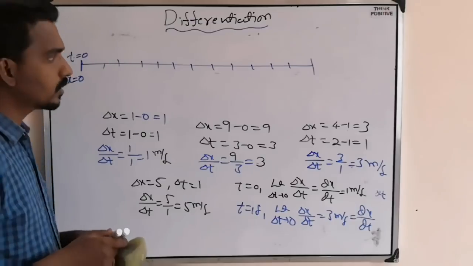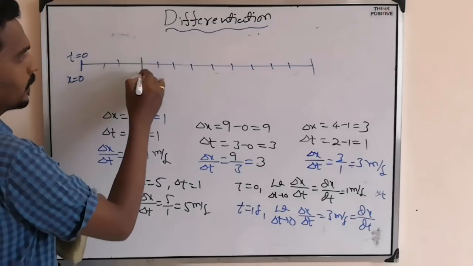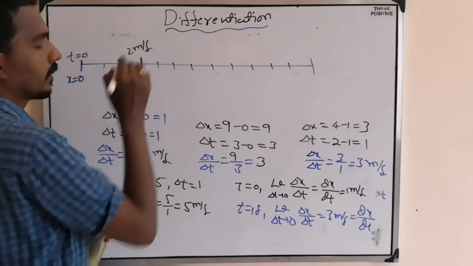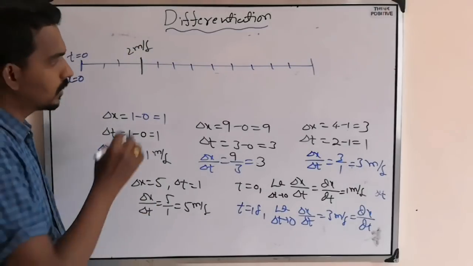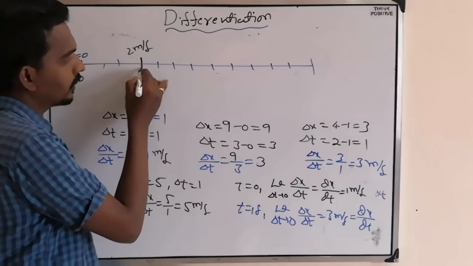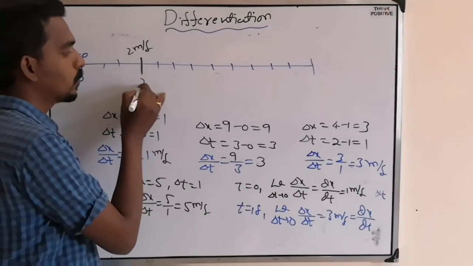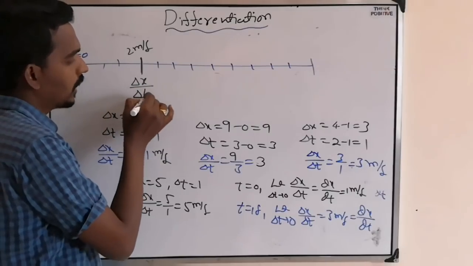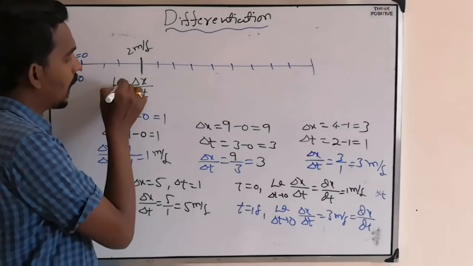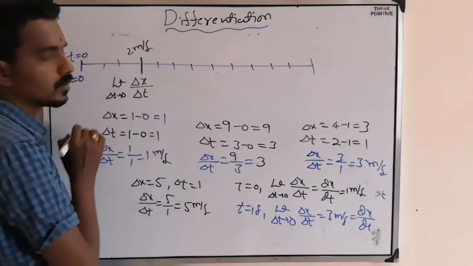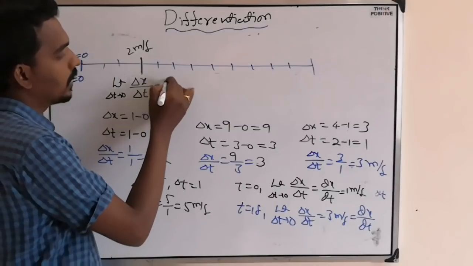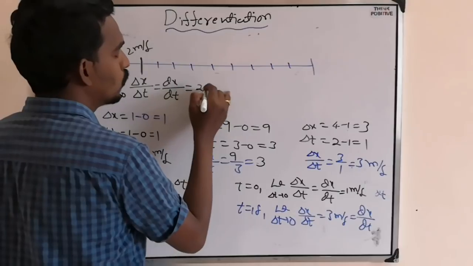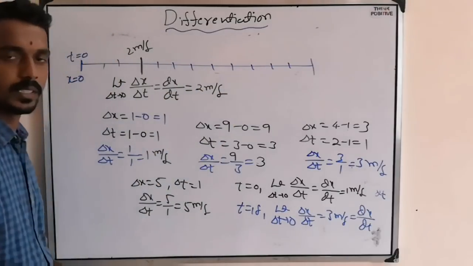Yes or no? Suppose at this instant, the speed is 2 meter per second. That means at this point, the change in displacement, that is delta x by delta t with respect to time under the limit delta t tends to 0, is nothing but dx by dt, that is 2 meter per second.